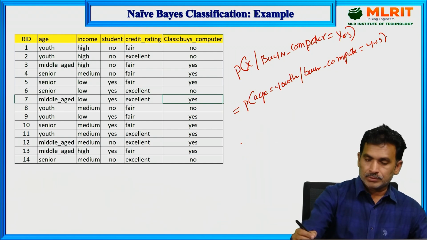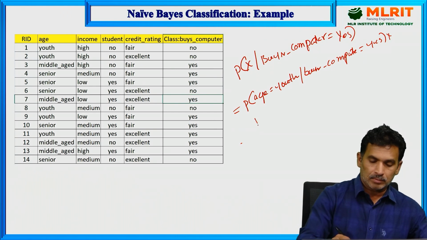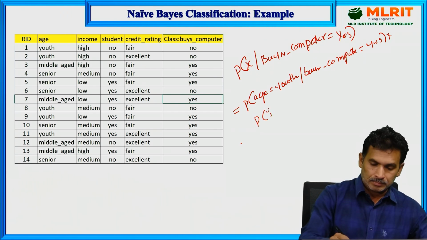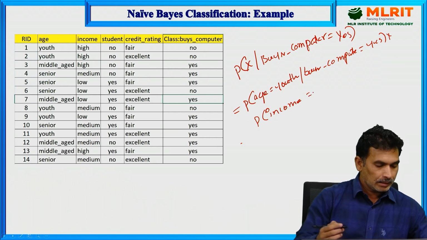So times probability of income, what is the income category?